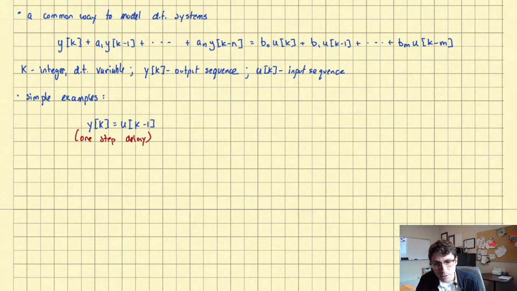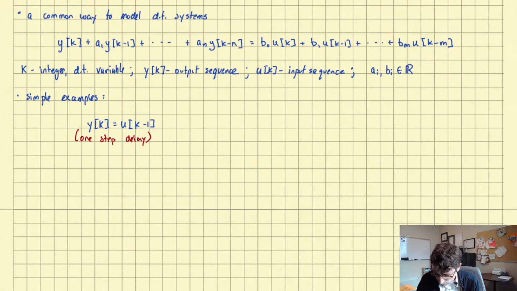The output at any given moment in time is equal to the input at the previous time, in discrete time. So it's a system of the form above, where a1 to an are all equal to 0. b0 is also equal to 0. b1 is equal to 1. And the rest are 0. I should mention that the ai's and bi's, we assume, are real numbers. They're just constants.